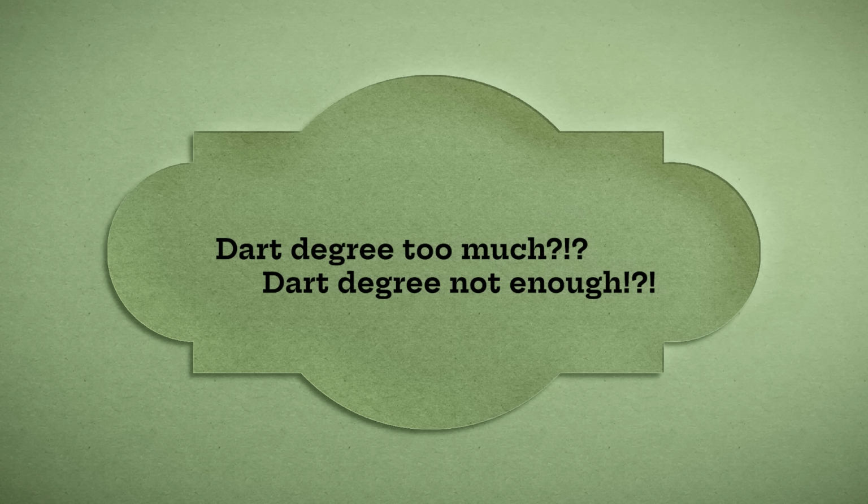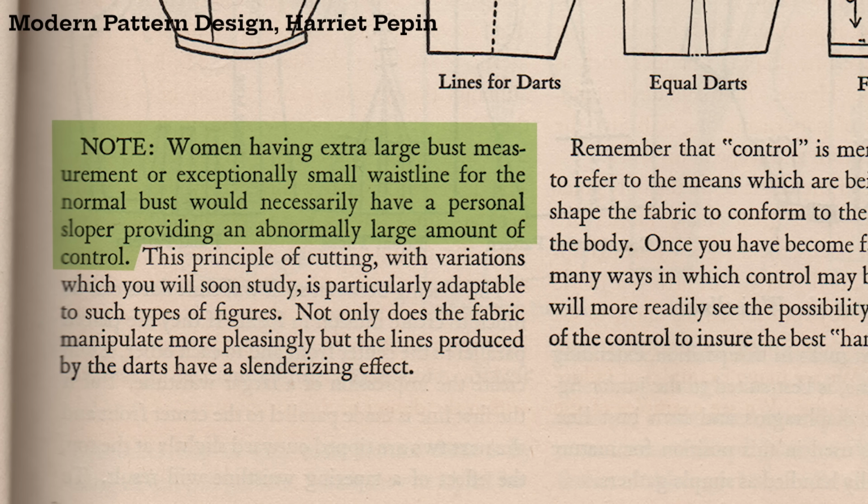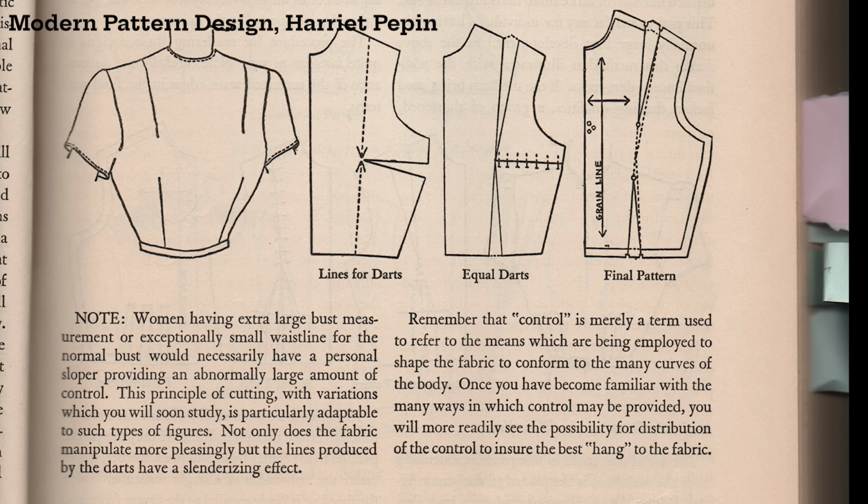What if I have too much dart fullness? Or not enough? Note: women having extra large bust measurements or exceptionally small waistline for the normal bust would necessarily have a personal sloper providing abnormally large amount of control. If you have a bunch of dart fullness, you are going to want to split it into multiple darts if you are using simple darts in their natural form.